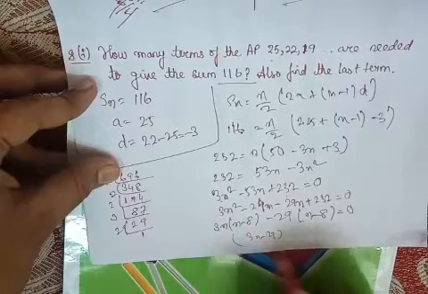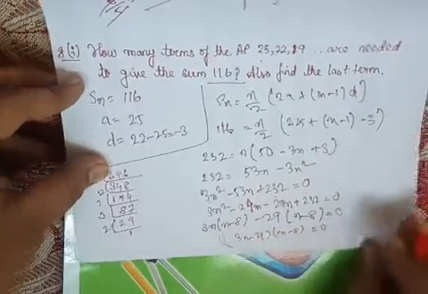So 3n minus 29 and n minus 8 is equal to 0.